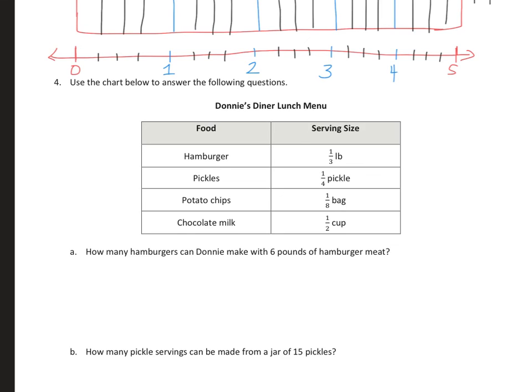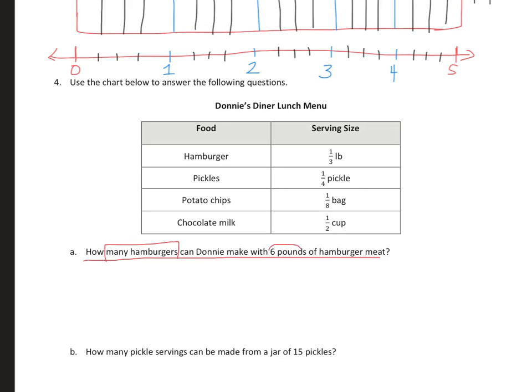So let's look at the question for number 4A. This says, how many hamburgers can Donnie make with 6 pounds of hamburger meat? So a clue right here is how many hamburgers can Donnie make? That's going to give us a clue that our answer is going to be a whole number.